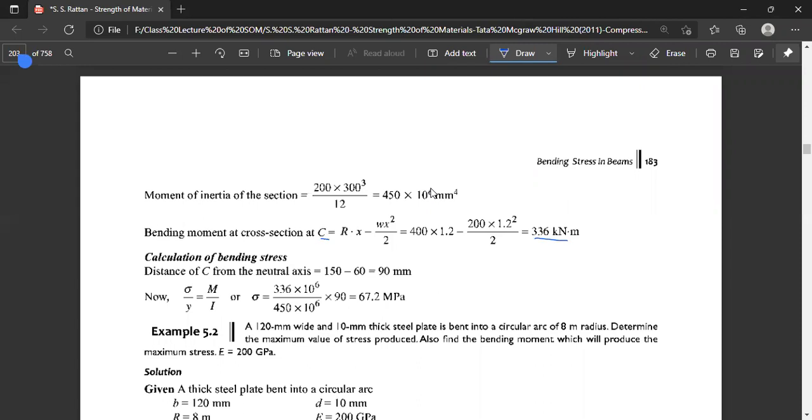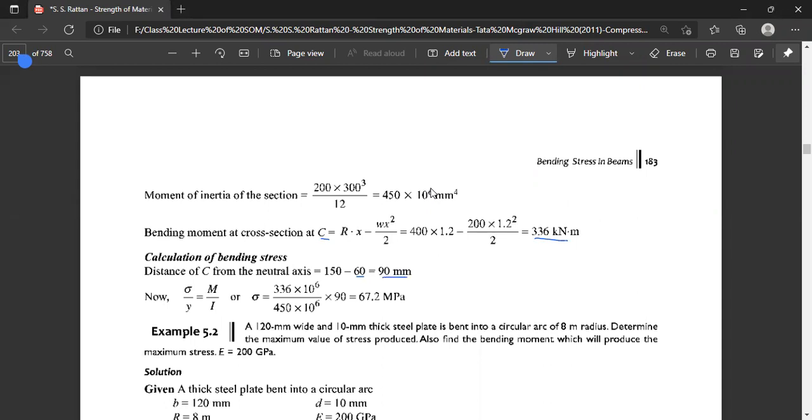The distance of C from the neutral axis is 150 minus 60, which is 90 millimeter. From the top end its distance is 60 millimeter, and we know the neutral axis passes through the center of the beam. So that is half of the depth, 300 divided by 2, 150, minus 60 is equal to 90 millimeter.